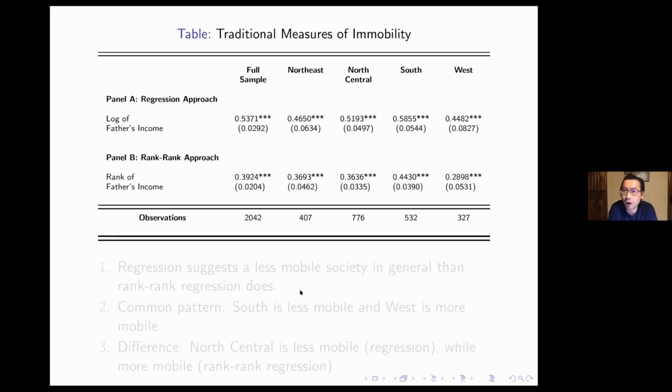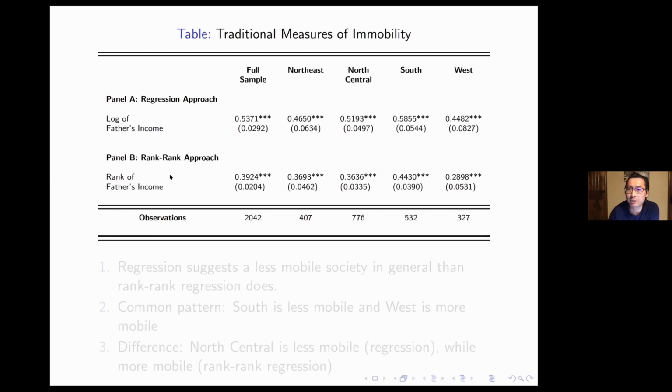This is very similar to what people have obtained using PSID data and income measures. When you use the regression approach, the coefficient is typically larger, close to around 0.55, and for the rank regression it is typically lower.